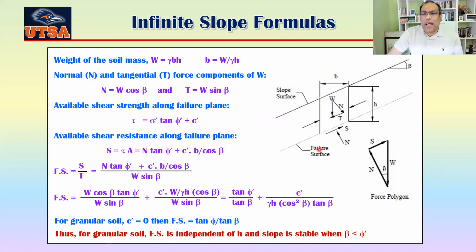But for this type of situation, for an infinite slope, you will see we don't need different failure surfaces. But for all other limit equilibrium methods, you will see that we need to look at at least 3-4 different failure surfaces and then compare which one has the lowest factor of safety. And that's the way we try to find out the factor of safety of the slope.